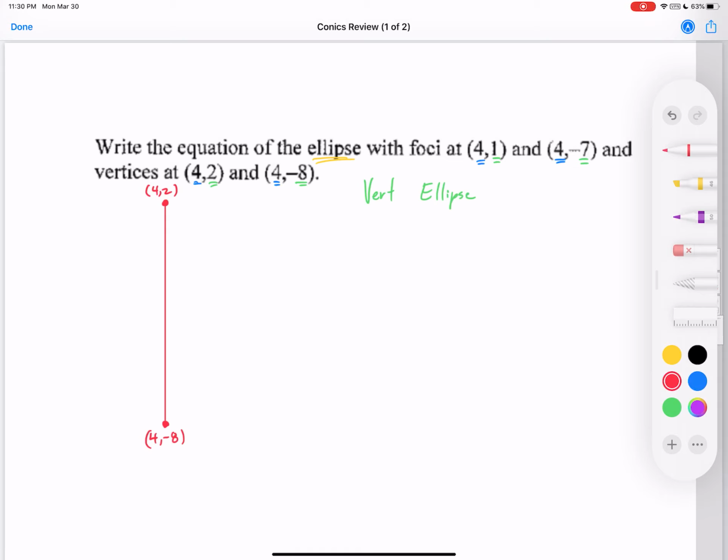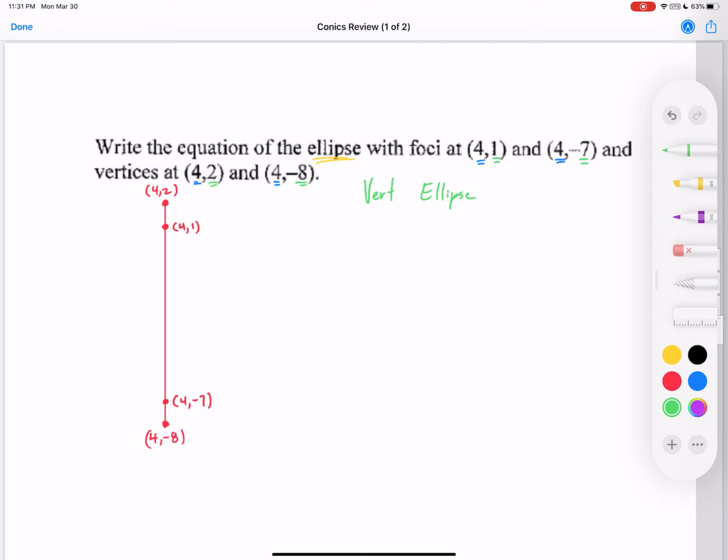Then we have our foci at (4, 1) and another one right here at (4, -7). They all have the same x value, so they have to be on that same line. All right, so it's a vertical ellipse.